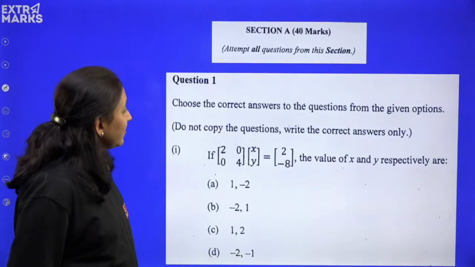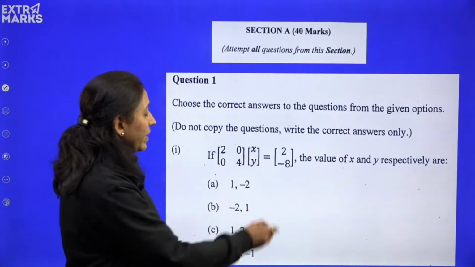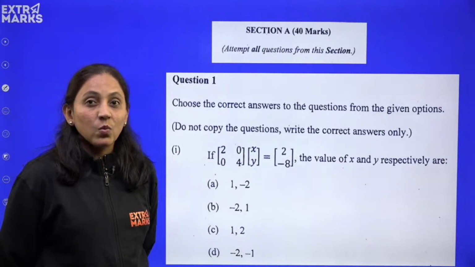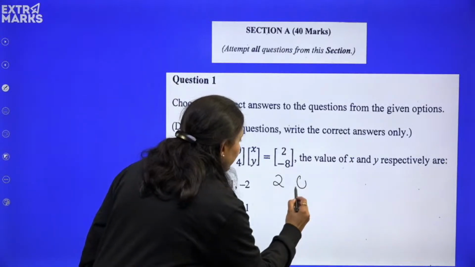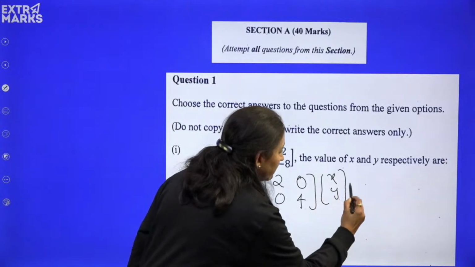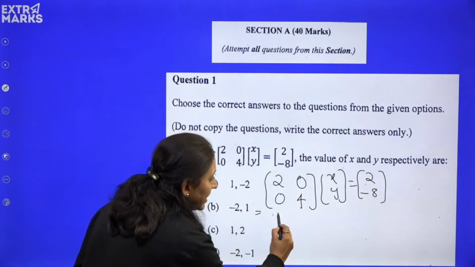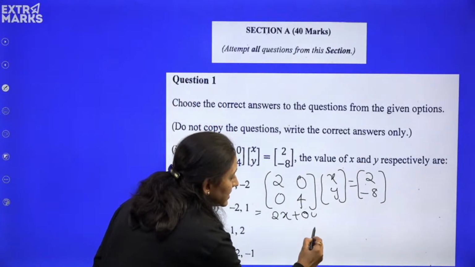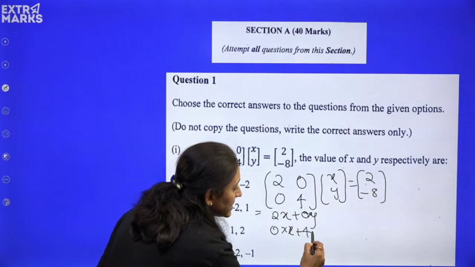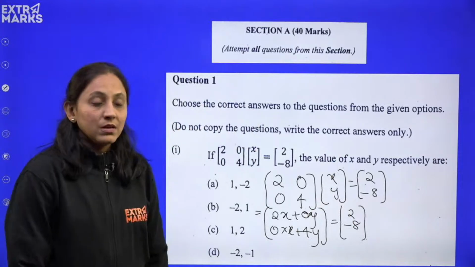Okay, so we are going to start from the first question. The 2 matrices and the product matrix are given. We have to find the value of the variables x and y here. When we multiply both the matrices, we get the matrix 2x plus 0 into y, which is 0, and 0 multiplied by x plus 4y, which is equal to 2 comma minus 8.